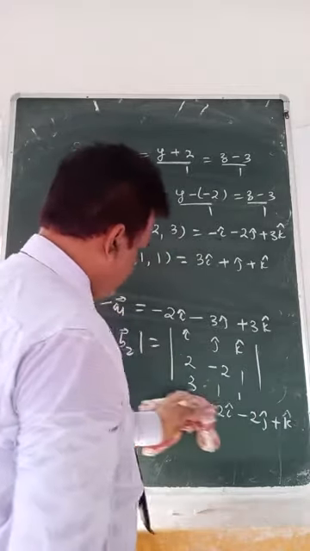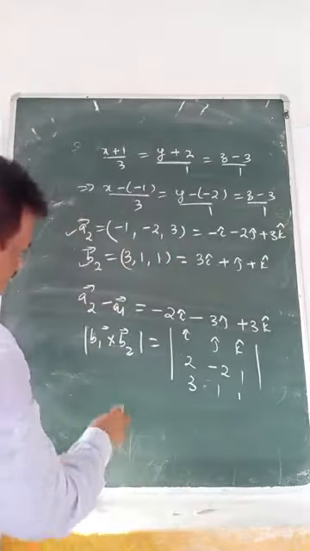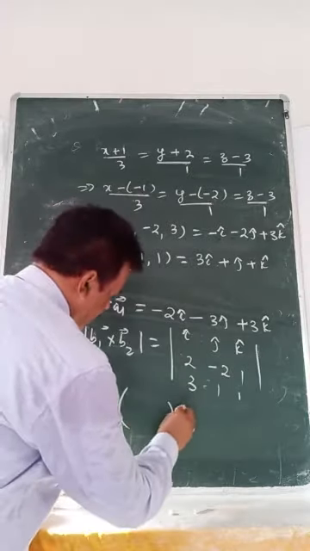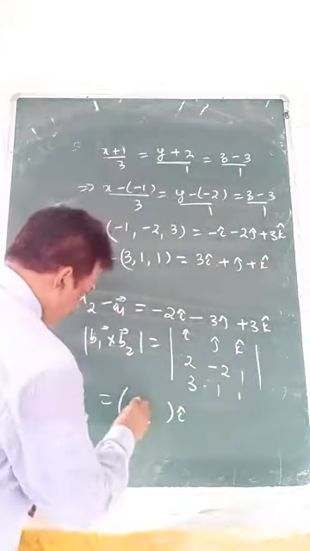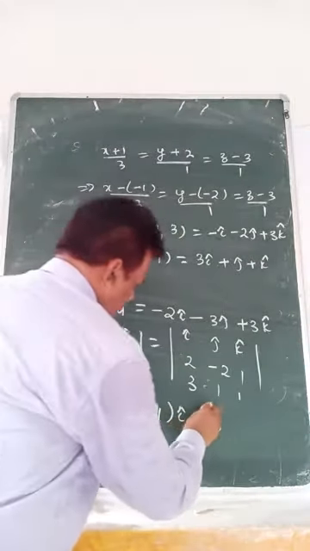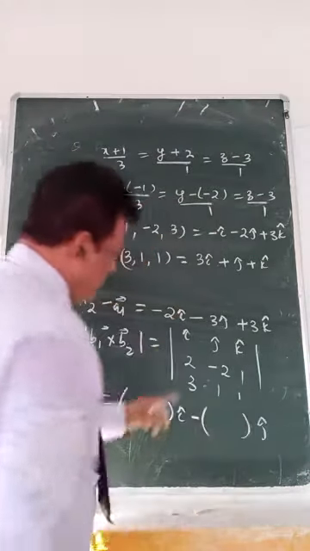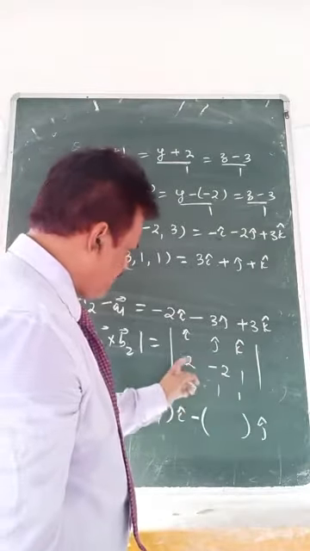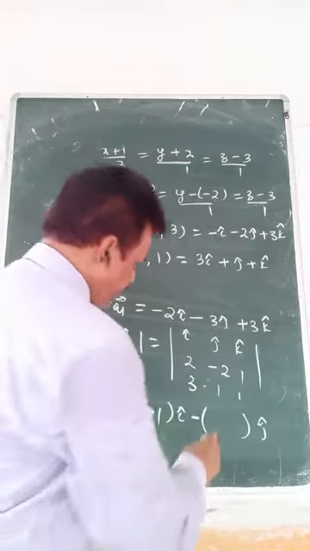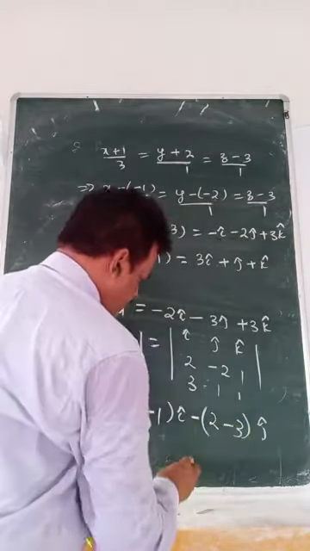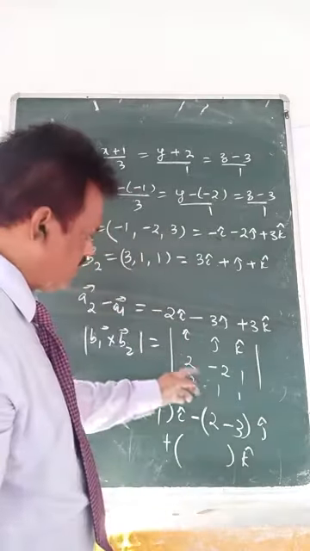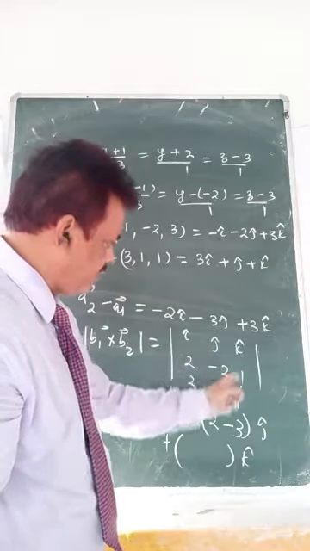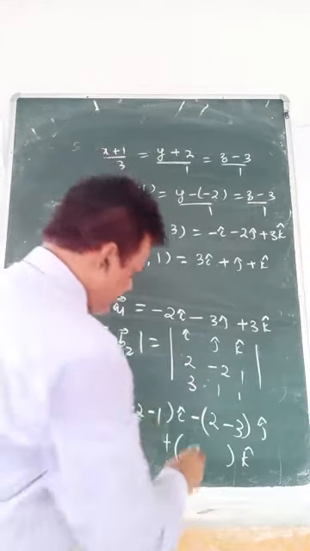Expand it. Now you try to do it directly. i times (-2 - 1), minus j times, the j line you forget, (2 - 3), plus k times, this is 2, the k line you forget, 2 + 6.